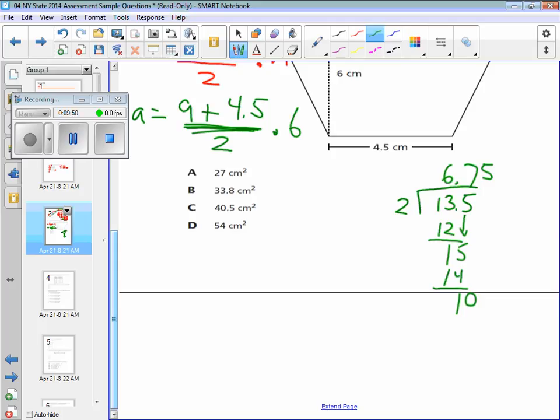I have one more step. I need to then take my 6.75 and multiply it by how much? 6. Everybody do that. Raise your hand when you have an answer. 6.75. Don't forget, you need to swing your decimal twice in the answer.